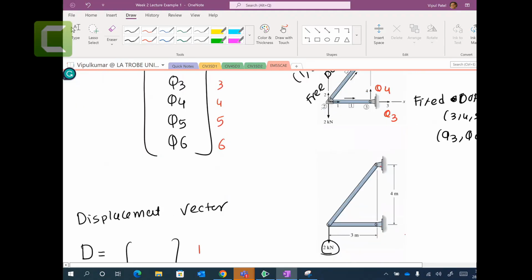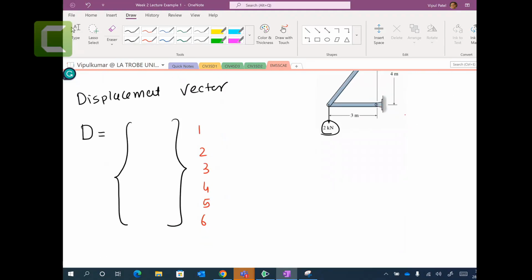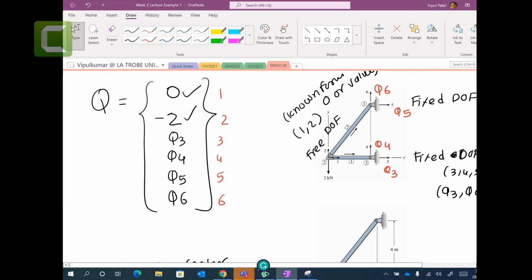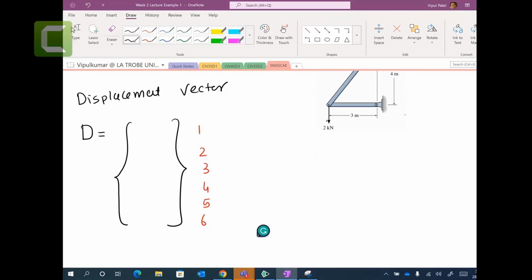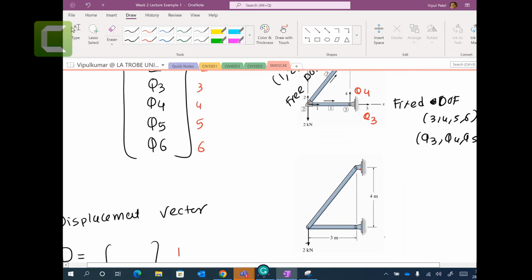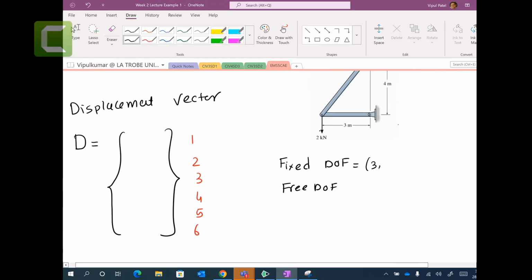Now in the displacement vectors, you will have the opposite of these ones, meaning you have fixed degrees of freedom and free degrees of freedom again. So fixed degrees of freedom, which ones? Again, same 3, 4, 5, 6. And free degrees of freedom are 1 and 2.